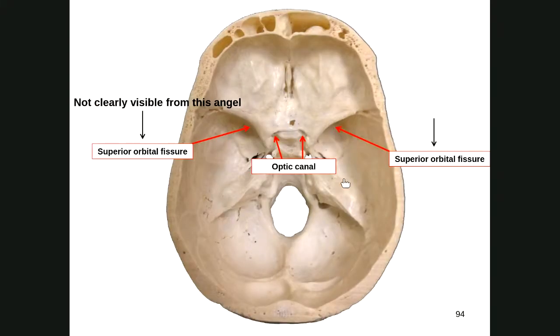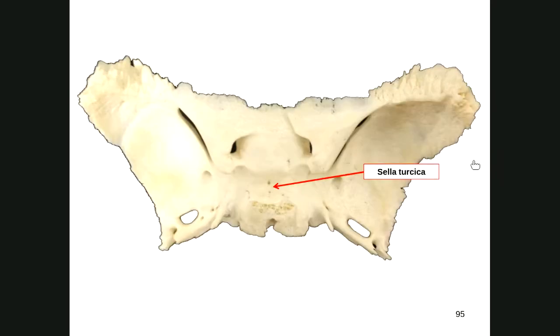This one you can't really see the superior orbital fissure because the lesser wing is overhanging, but you can see the optic canals here on either side, medial to the lesser wings. On the sphenoid bone here, this is the sella turcica, this whole area right in here.